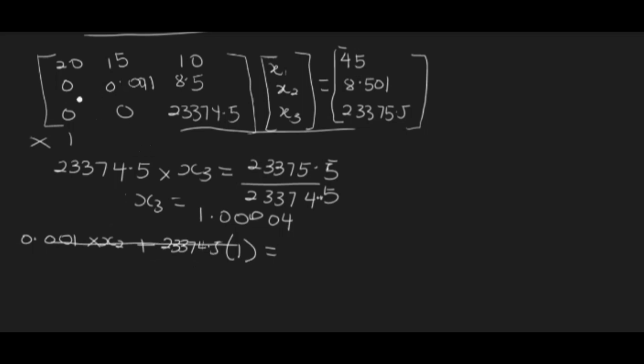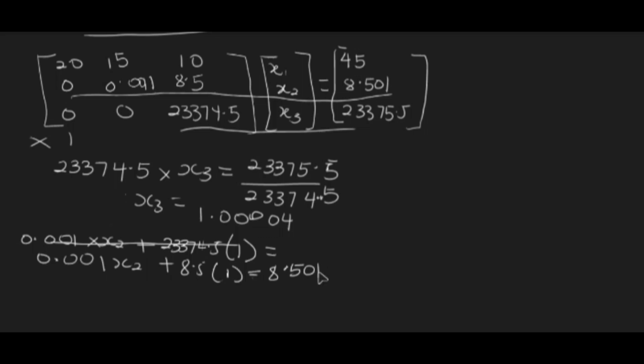We are rather doing this place, so see this row. So it's 0.001 x2 plus 8.5 x3, and x3 is now 1. It should be equal to 8.501.